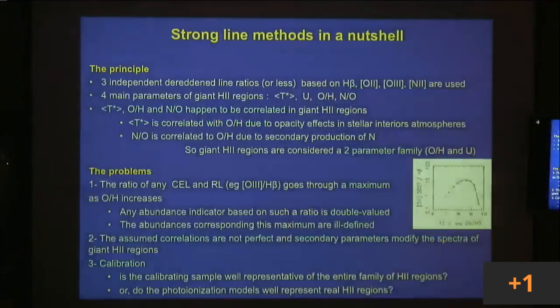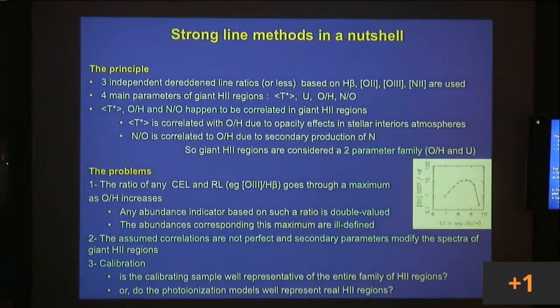So, in a nutshell, the principle of strong line methods is that you have 3 independent line ratios based on these lines, and you have 4 main parameters determining the giant H2 regions, which are the effective temperature of the exciting stars, the famous ionization parameter, and these 2 abundance ratios.